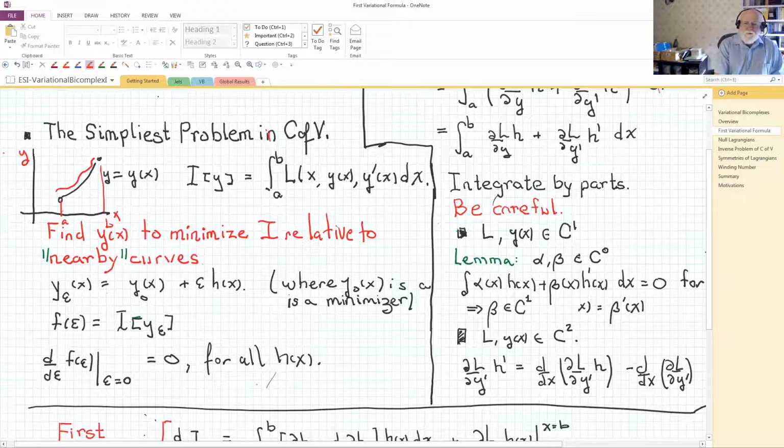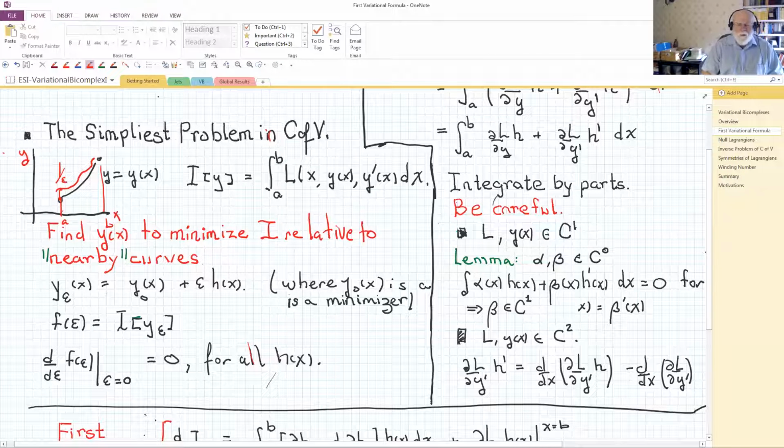This curve is to be viewed as a deformation of the original curve. If we were doing what's called the fixed endpoint problem, then we'd want our curve h to be zero at the endpoints. But this is my deformation, and this is what I've called y sub epsilon.